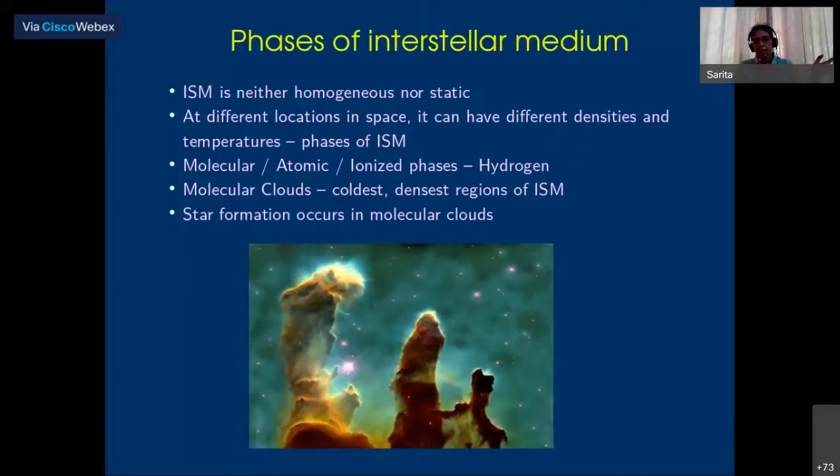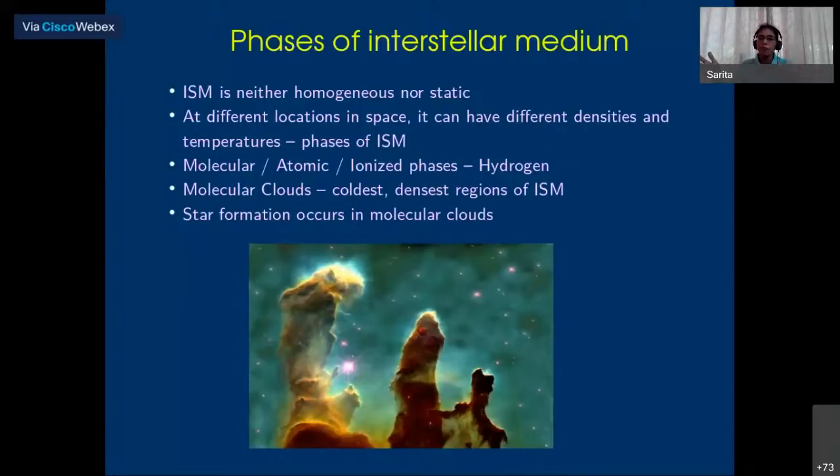So if the gas is very cold, the hydrogen will be in molecular form. So then it is known as a molecular phase of the interstellar medium. But if the gas, for example, is at a temperature where atoms are not in molecular form or ionized form, they are in atomic form, then we call it the atomic phase of the interstellar medium.